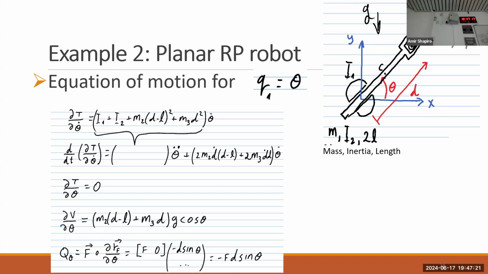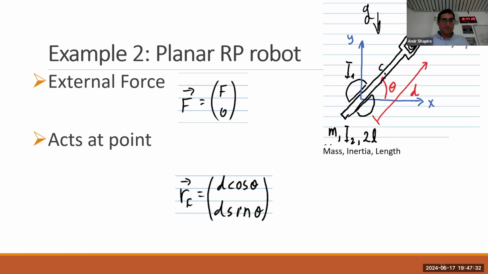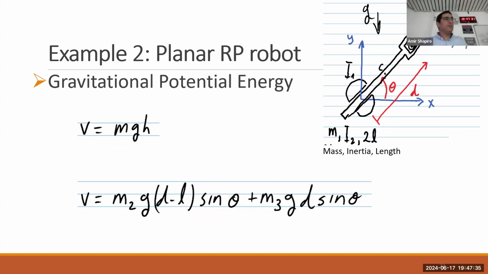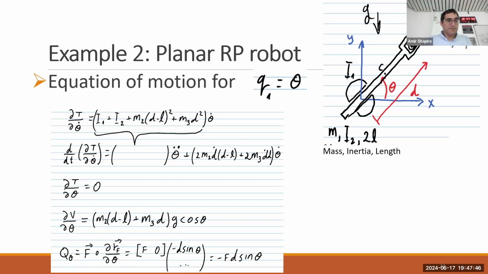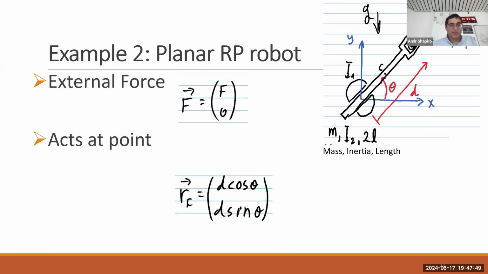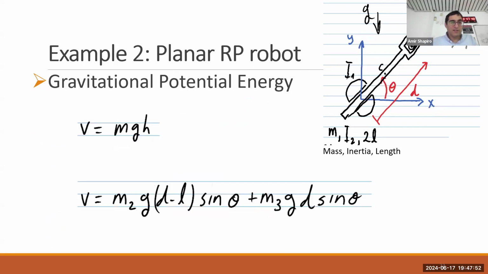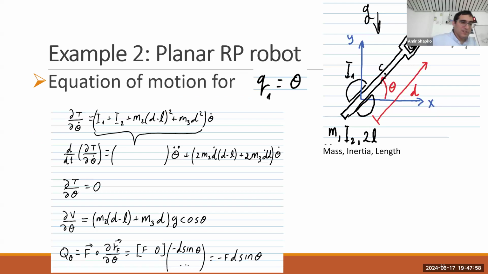Now ∂T/∂θ is 0. ∂V/∂θ, I can go back. This is V, and take the derivative of this with respect to theta. So we have sine theta here, so it will be minus cosine theta. Then ∂V/∂θ will be g cosine theta.